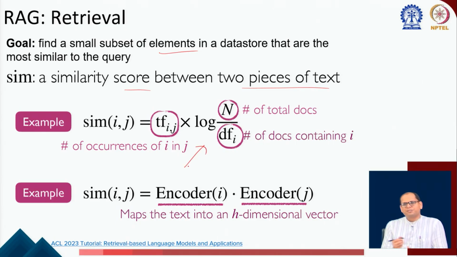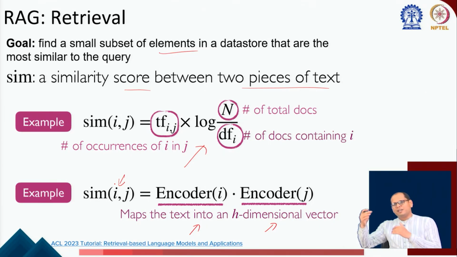Or you can use something that uses an encoder. You can put the query and documents both through encoders, and based on the similarity of these encodings, you get the similarity of a particular text passage or chunk with the query. So you may have a query encoder and a document encoder, and we talked about ColBERT and other kinds of architectures.